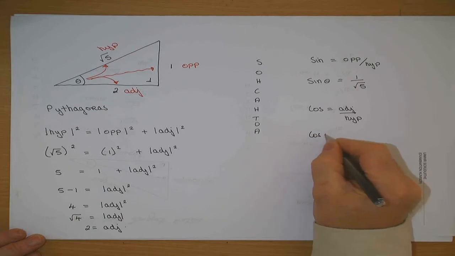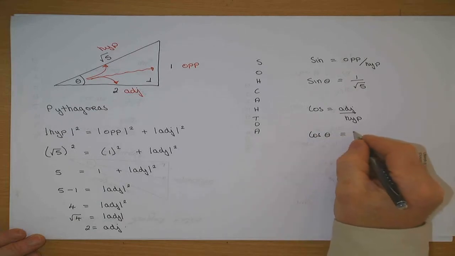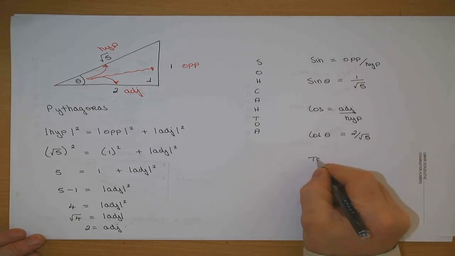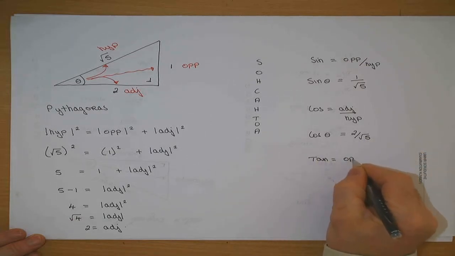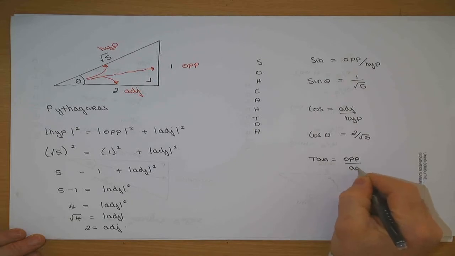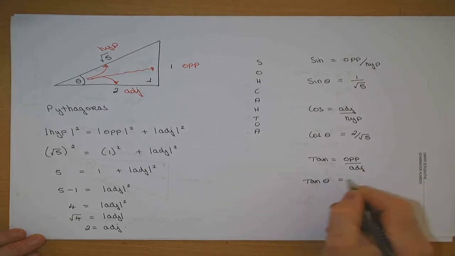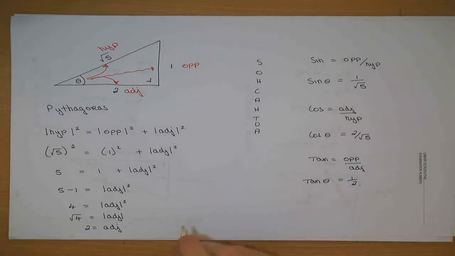The cosine of my angle theta is the adjacent over root 5. And the tan is equal to the opposite over the adjacent. So that means that the tan of theta is equal to 1 over 2. Any questions? Yes.